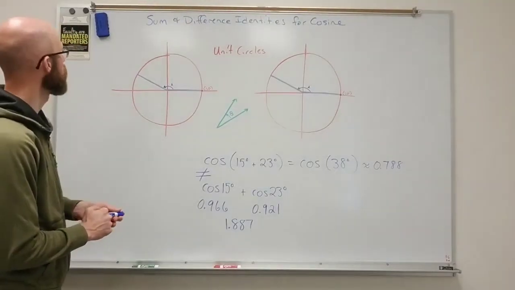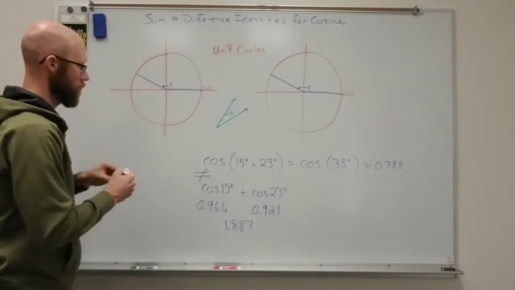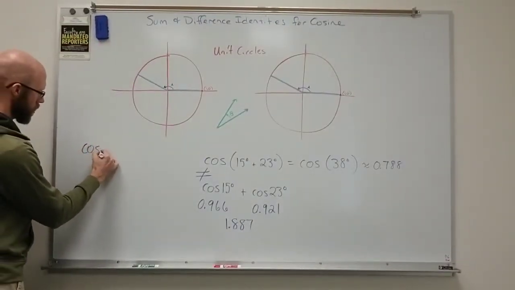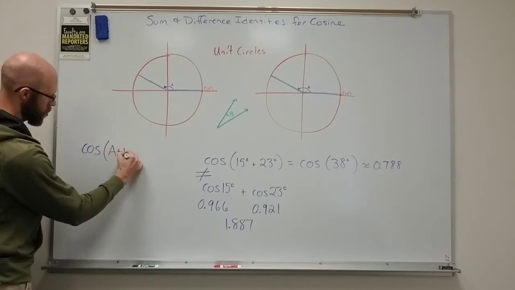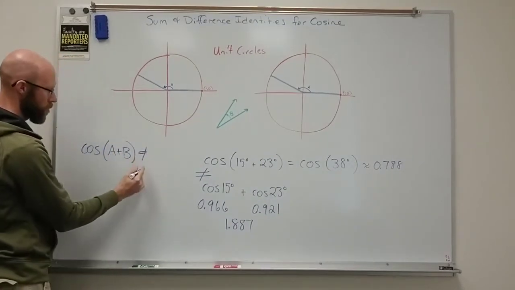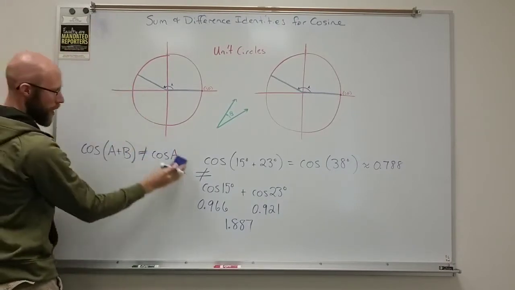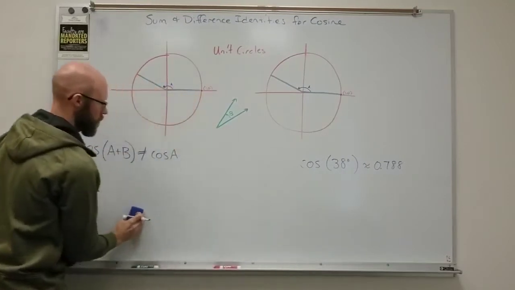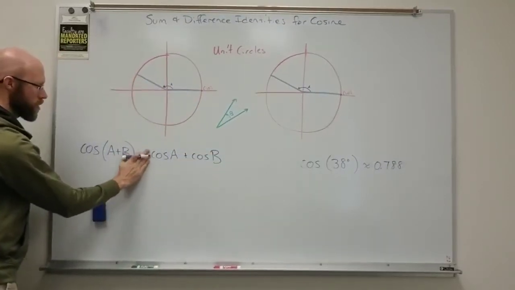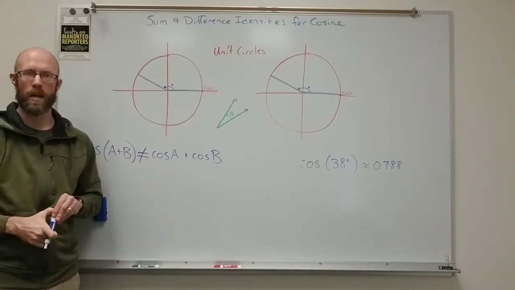And so as a general rule, I should say, the cosine of two angles added together is not equal to the cosine of each angle individually added together. Right, these two things are not equal to each other.